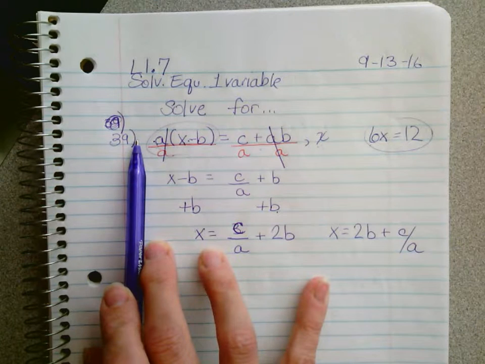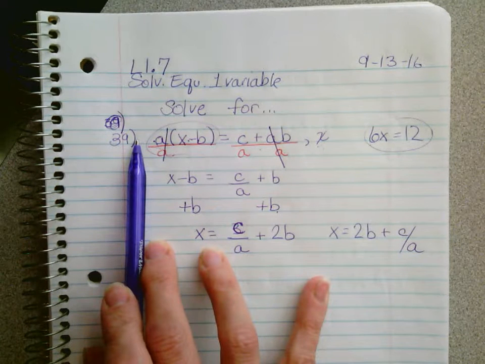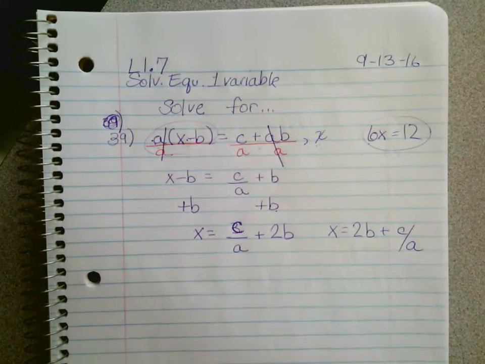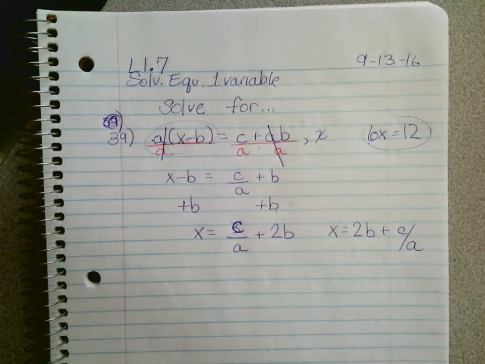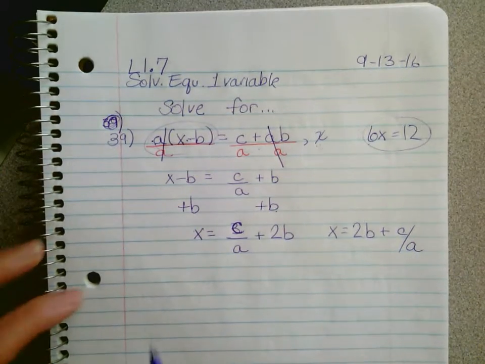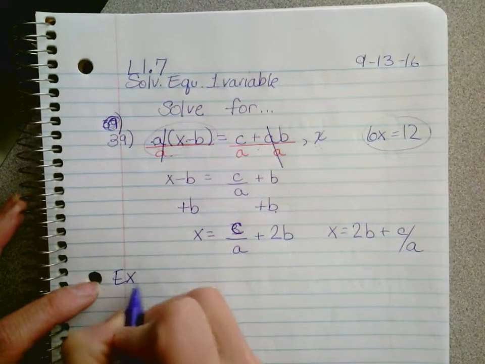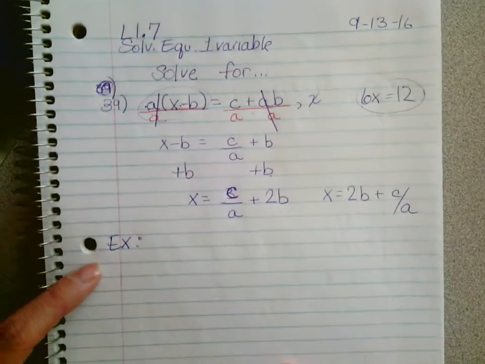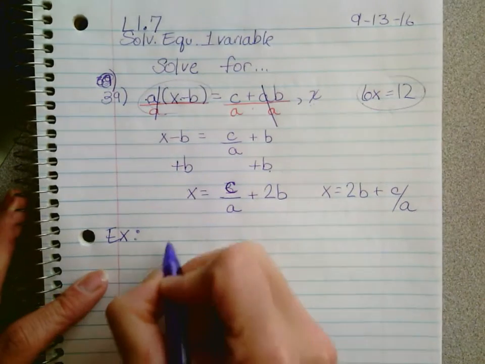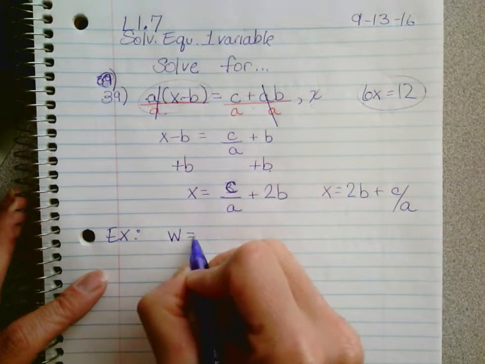I also want to do, here's another one. This one is mine, so this is just an additional example for you. Right now, I have an equation that looks like this.